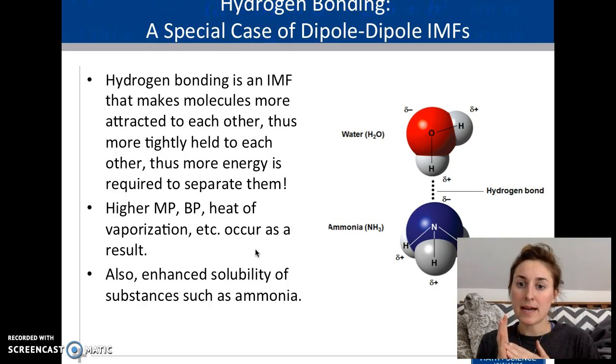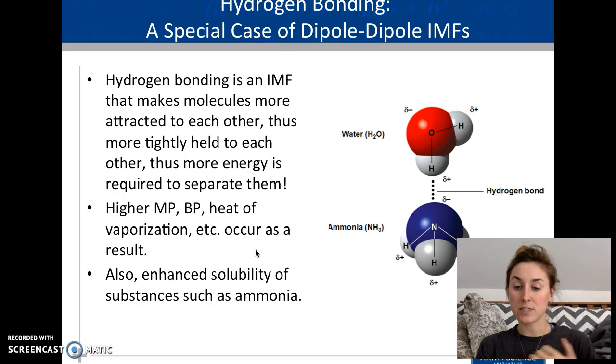This also means that if there are other molecules and compounds that also have dipoles, they are more likely to readily dissolve. This is why water is a great solvent. It dissolves other polar covalent substances, right? This example on the slide is ammonia.